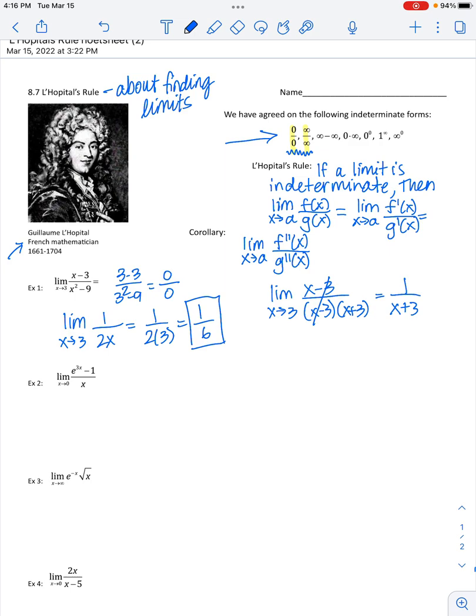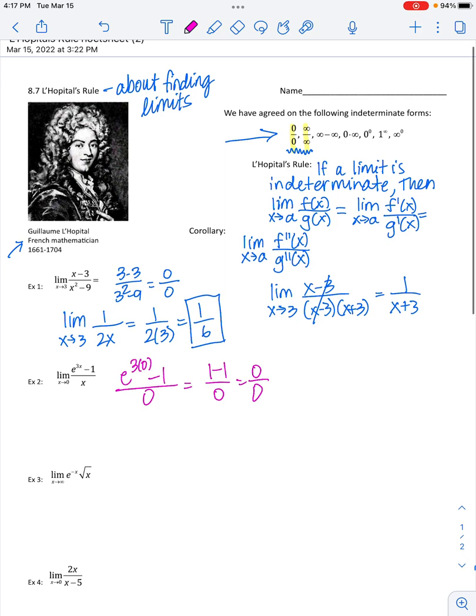Let's try example 2. I'll kind of switch colors here. So let's plug in 0 and see what we get. So we have e to the 0, which is 1. Okay, we have indeterminate form. So that's enough to allow us to go ahead and take this limit and change the top to the derivative of this, which is 3e to the 3x.